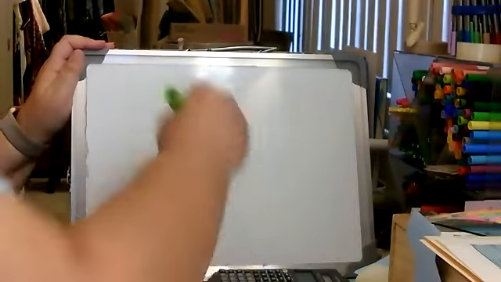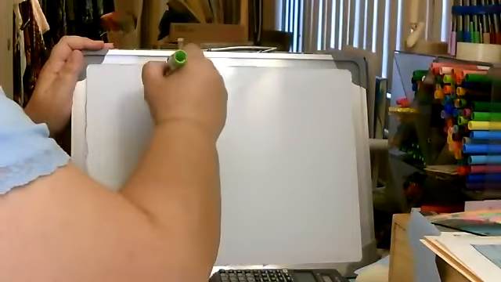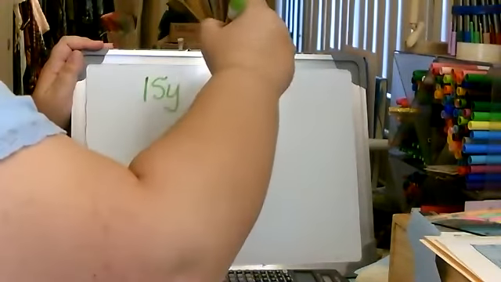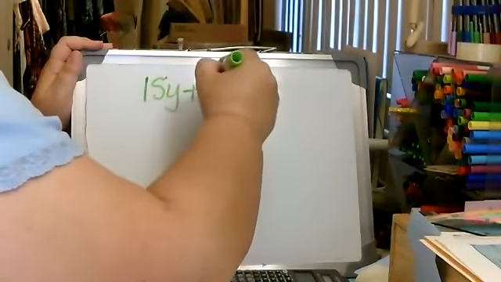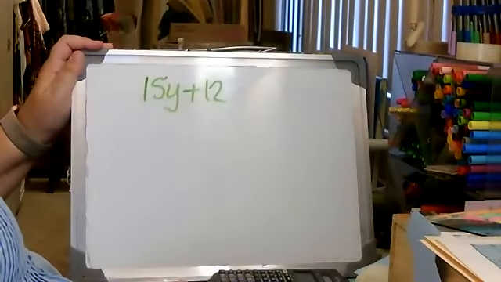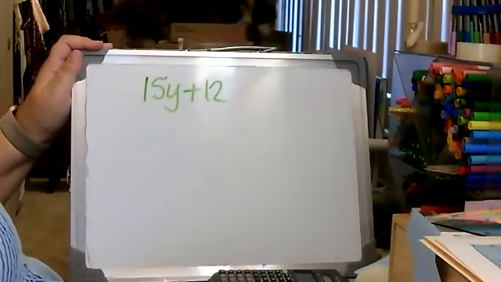So it's the reverse of distributive property. Instead of getting rid of parentheses, factoring allows us to include parentheses because sometimes it's simpler to work with an expression that has parentheses. So if we have an expression that goes like this, 15y plus 12, we want to factor it out.